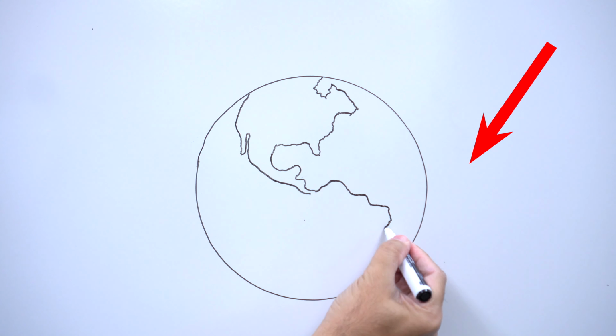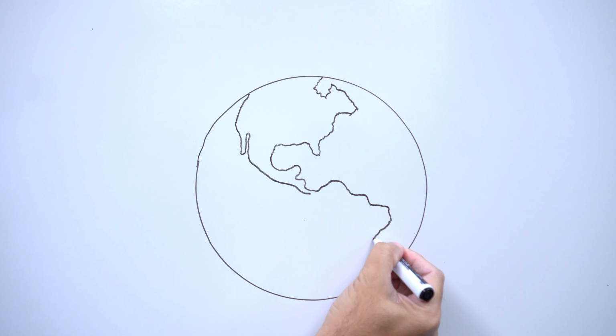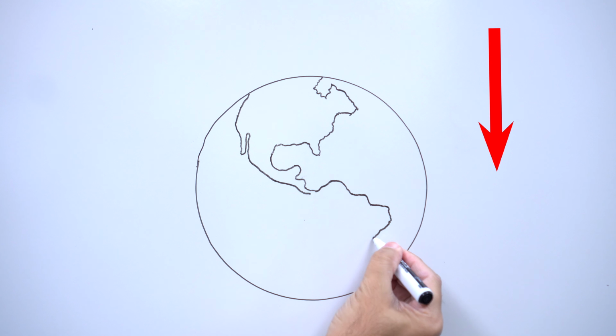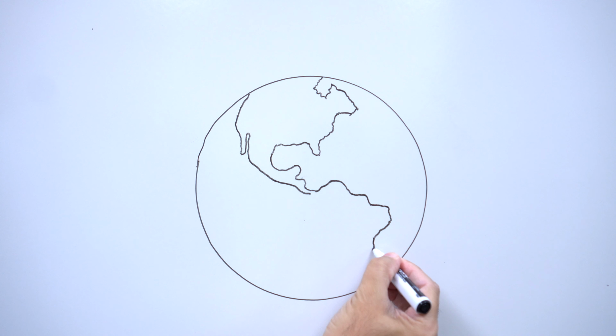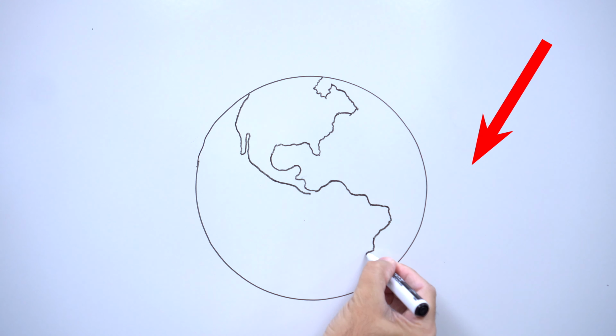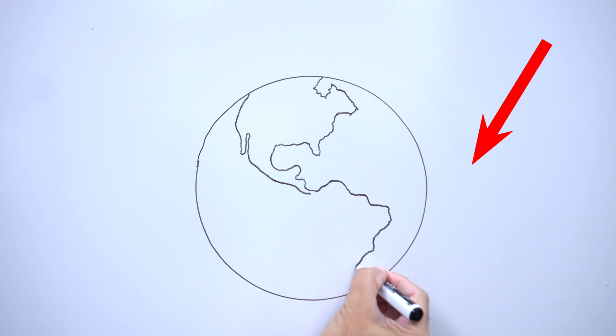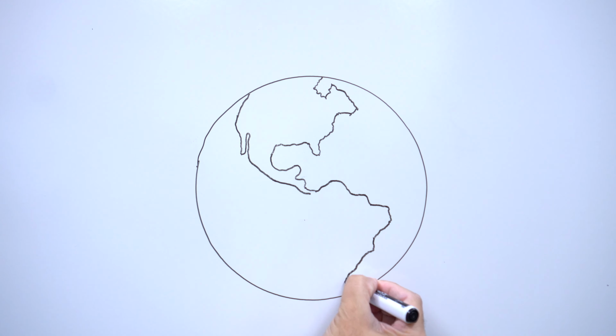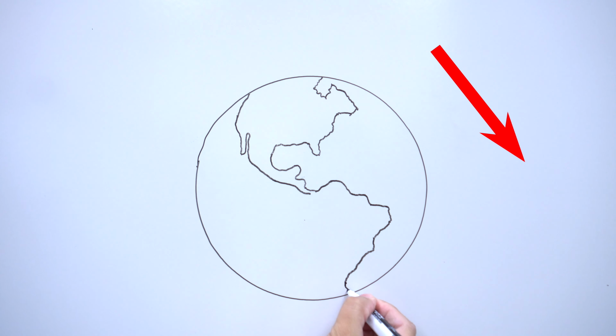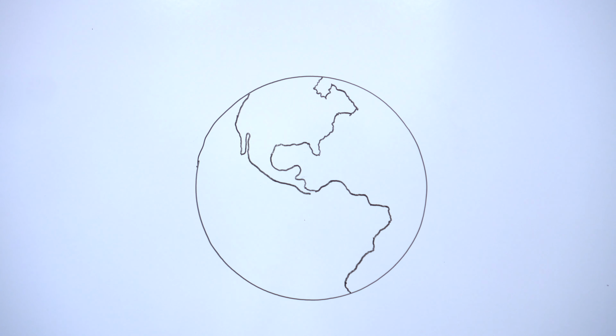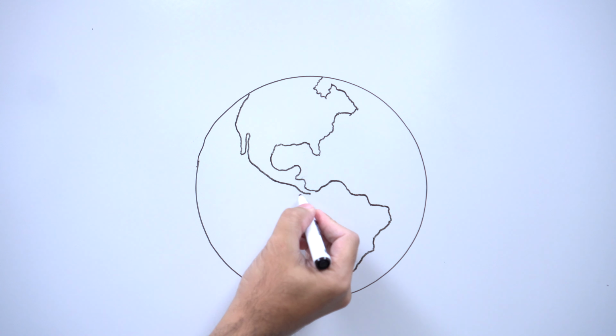Down again. And a diagonal line. Now we have a vertical line that quickly turns diagonal. That was a pretty long diagonal line. Alright, a little tiny diagonal line.